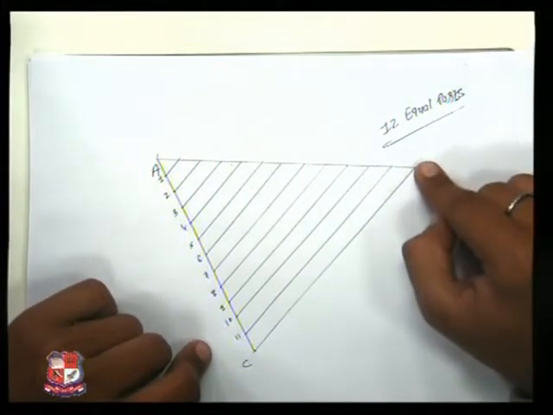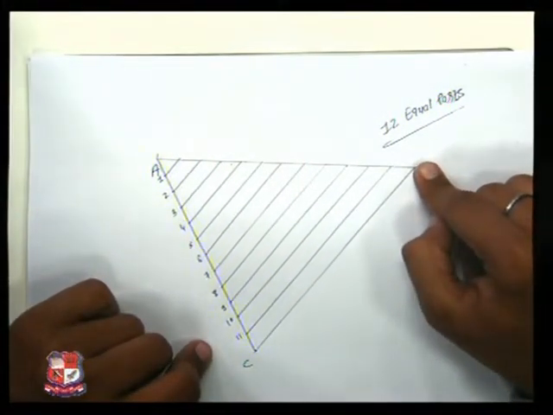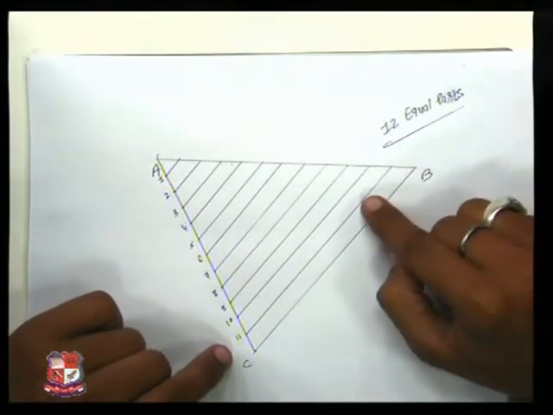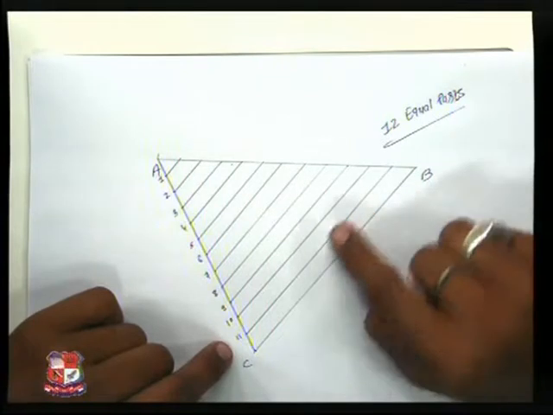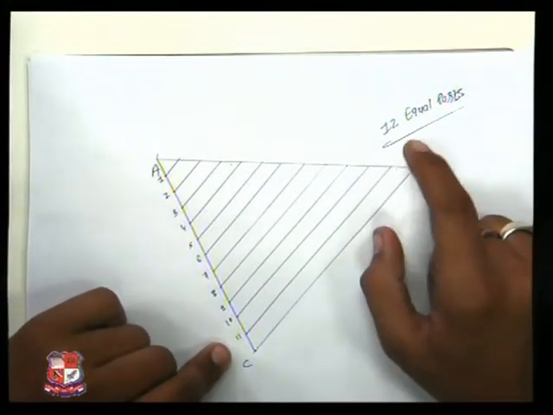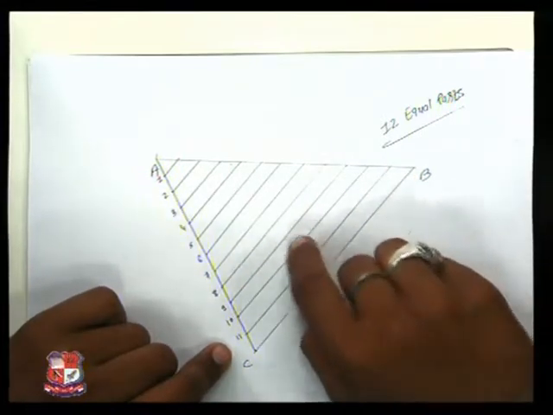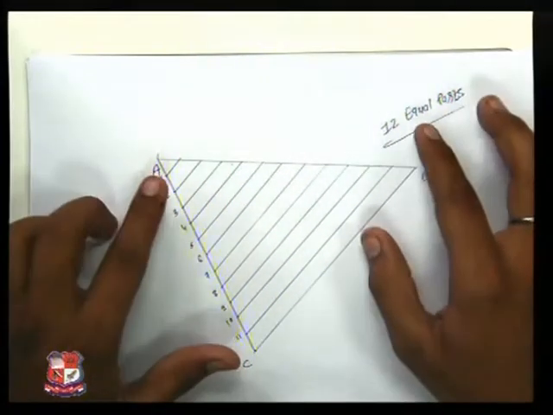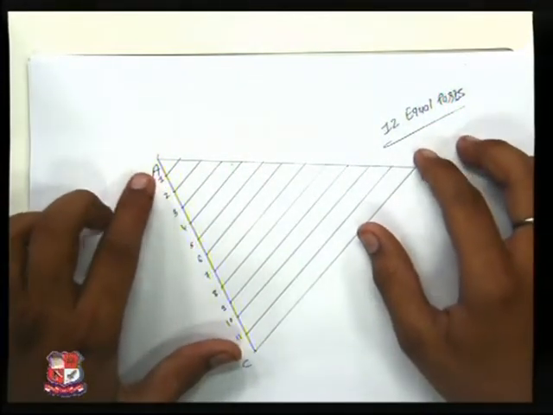I have joined the point BC. I have got a reference line from point number 11. I have drawn parallel line to BC which touches to the AB. Same way from all the points, and this is how I have divided this line.